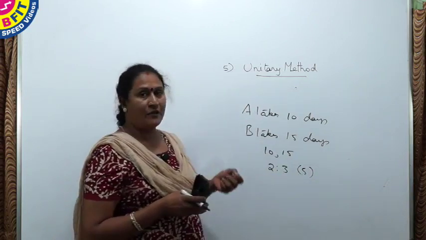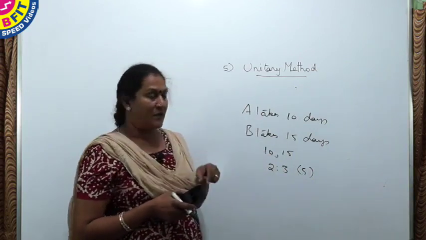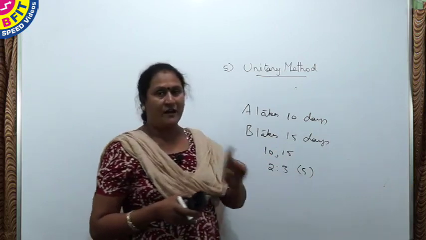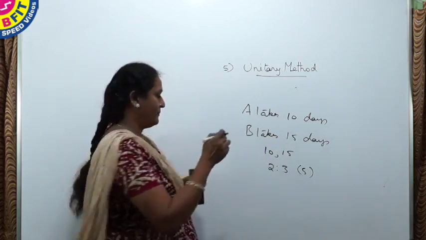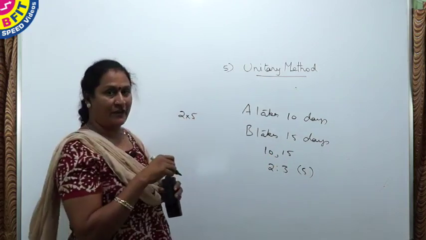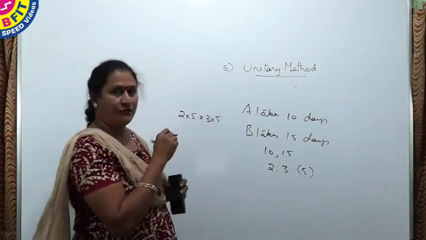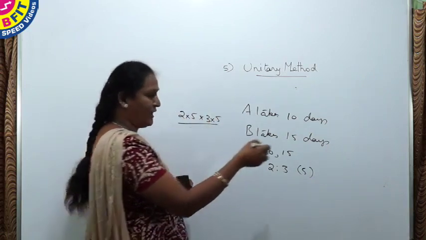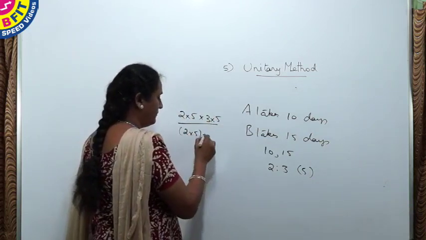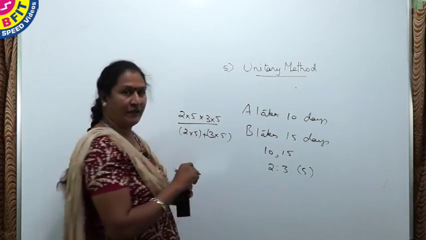Now instead of doing AB by A plus B for 10 and 15, you can do AB by A plus B with this ratio itself and multiply the common factor once. 10 you can get as 2 into 5 and 15 can be written as 3 into 5, and when you add 10 and 15, it is 2 into 5 plus 3 into 5.